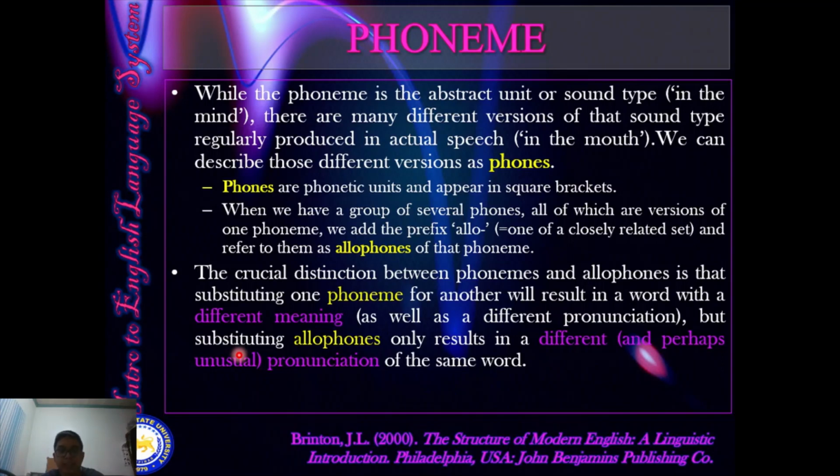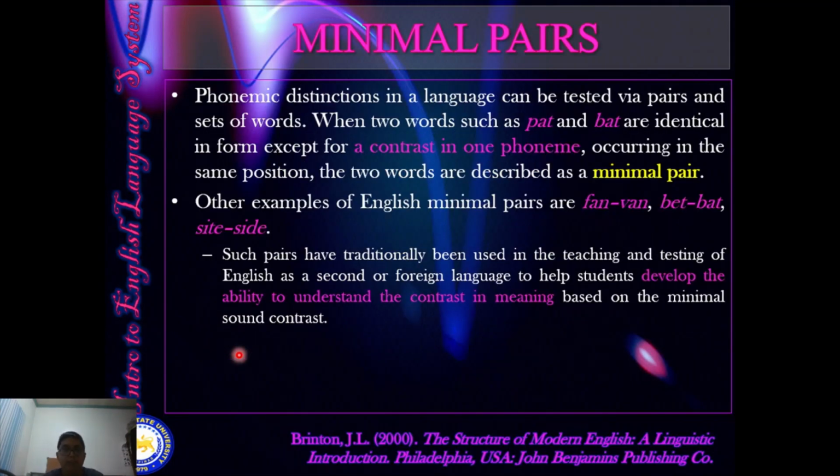So basically, again, class, when you look into phonemes and you change the sounds, it will have different meanings, okay? But if you substitute allophones, you can have the same meaning but a different pronunciation. Now, let's take a look at this.